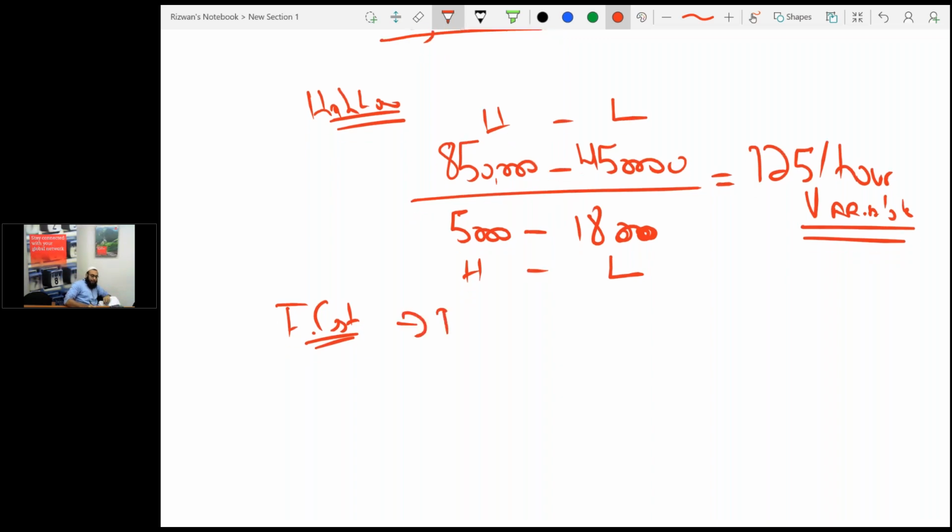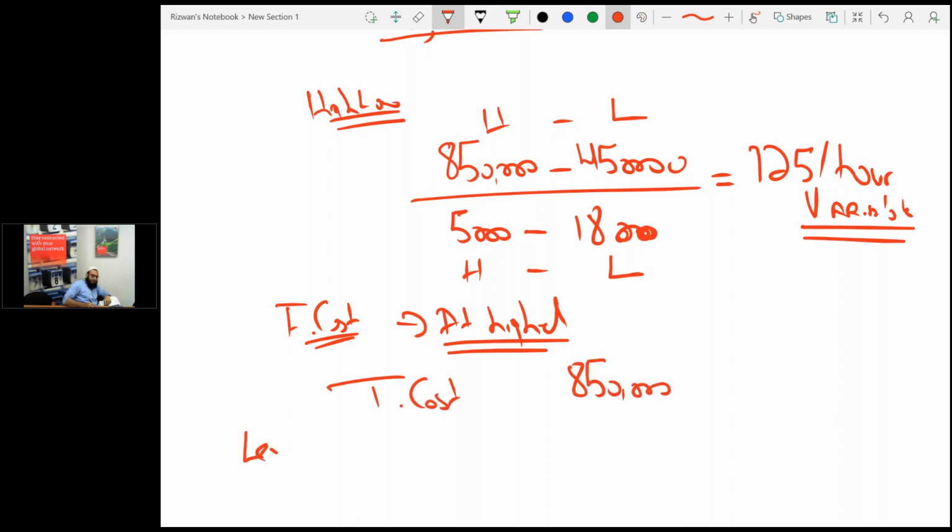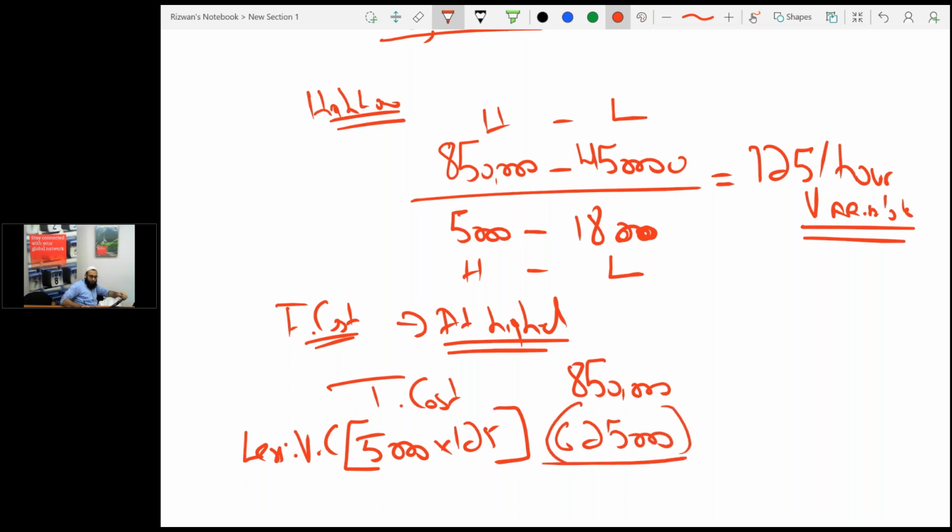So at highest, what is the fixed cost? Total cost was 850 less the variable cost. 5,000 multiplied by 125. Okay, so what's 5,000 multiplied by 125? 625,000. So what's the fixed element in this? It's 225.